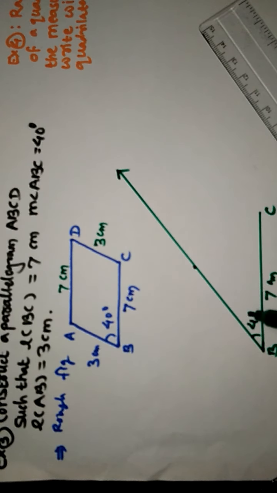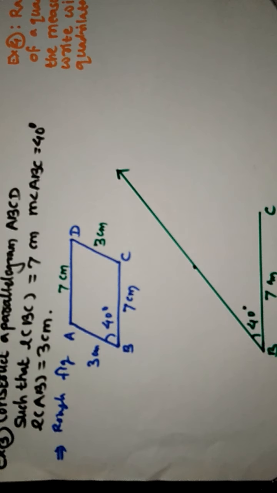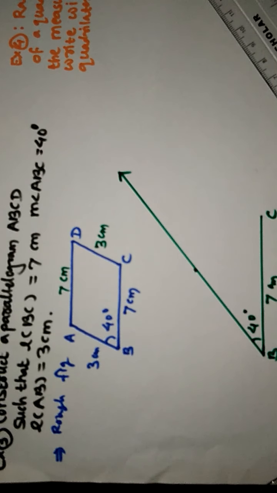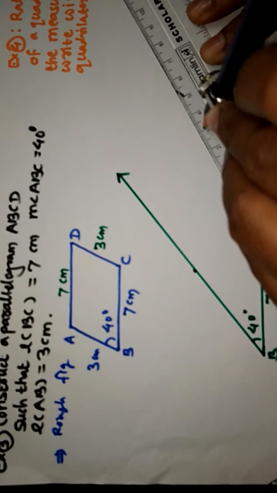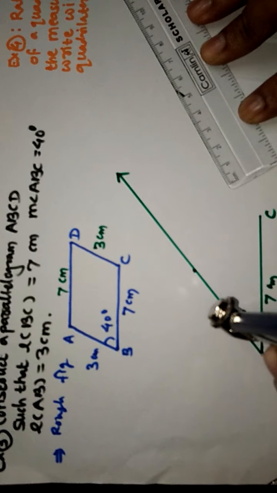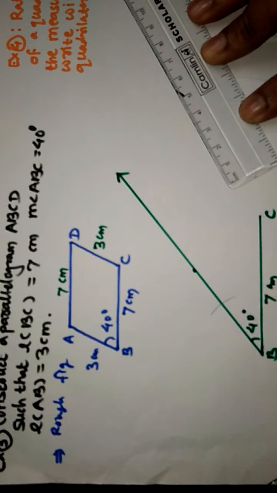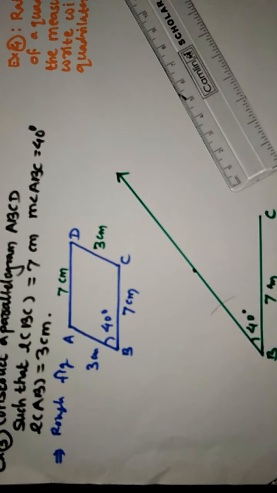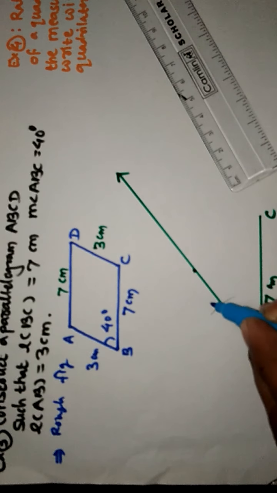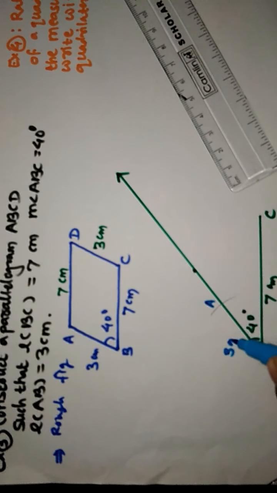At angle 40 degrees, now from B to A it is 3 centimeters, so take a 3 centimeter distance in your compass and draw an arc which intersects this ray. This point is point A. This is 3 centimeters.